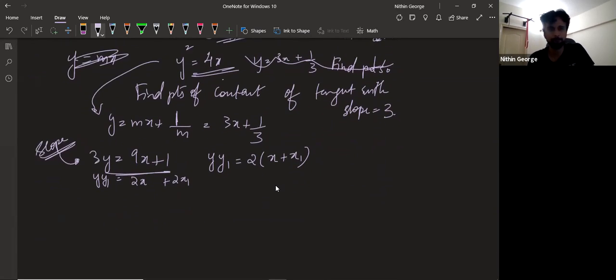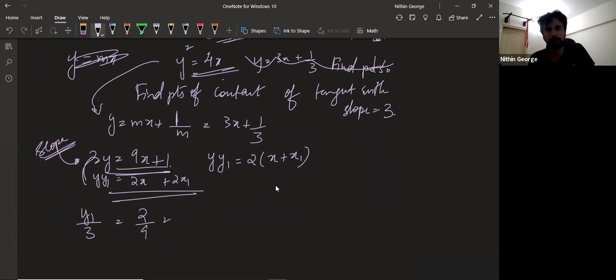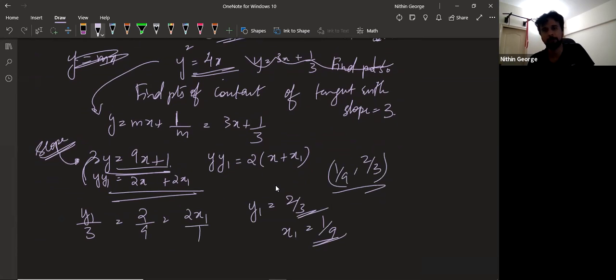Both the lines are the same tangents, so I'm just comparing both of them. So y1 by 3 equal to 2 by 9 equal to 2x1 by 1. So I'll get y1 equal to 2 by 3 and x1 equal to 1 by 9. So 1 by 9 comma 2 by 3 becomes the point of contact.